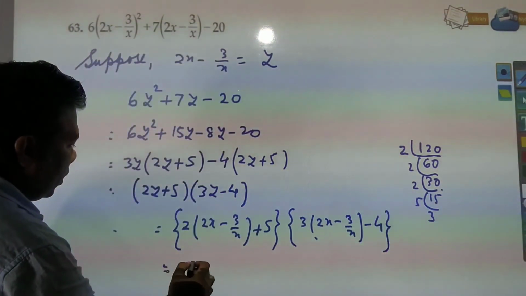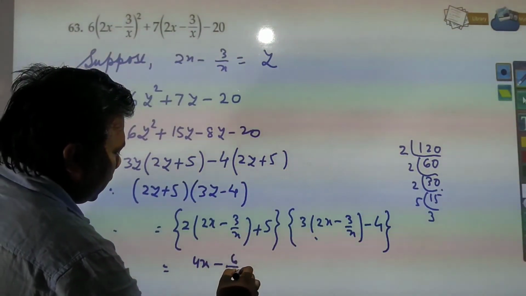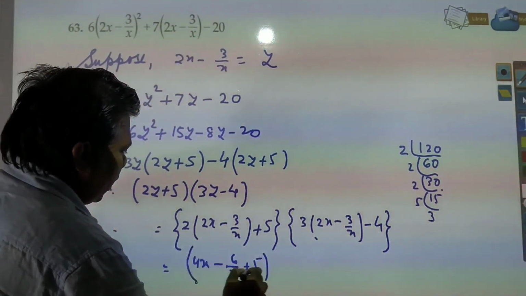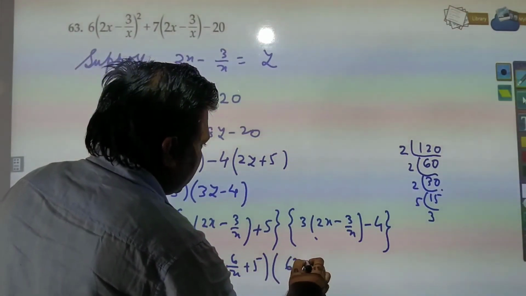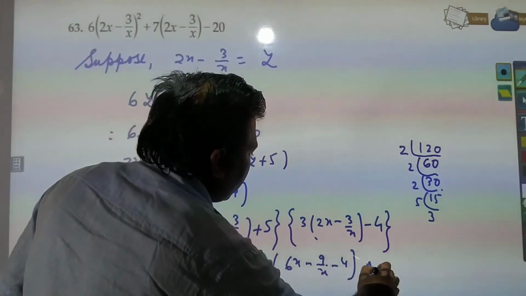Then you will get (4x − 6/x + 5)(6x − 9/x − 4), and this will be your answer.